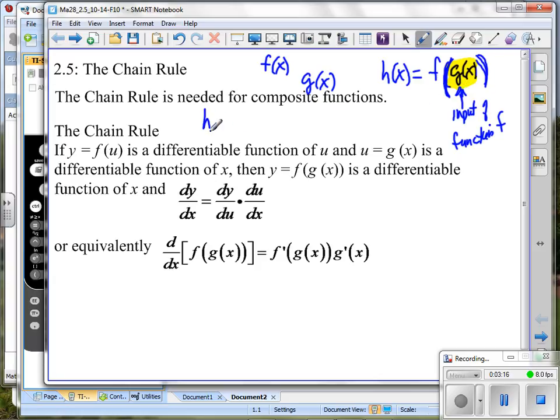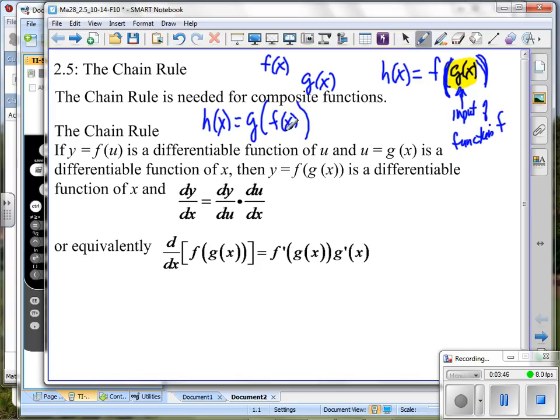The other way we could do that, anyone have a clue as to what we could do besides having f of g of x? Sure, we could have g of f of x. That means that I'm going to start with what function? Well, I'm going to start on the inside. Now listen to my terminology, because I use this a lot. I'm going to start on the inside function.